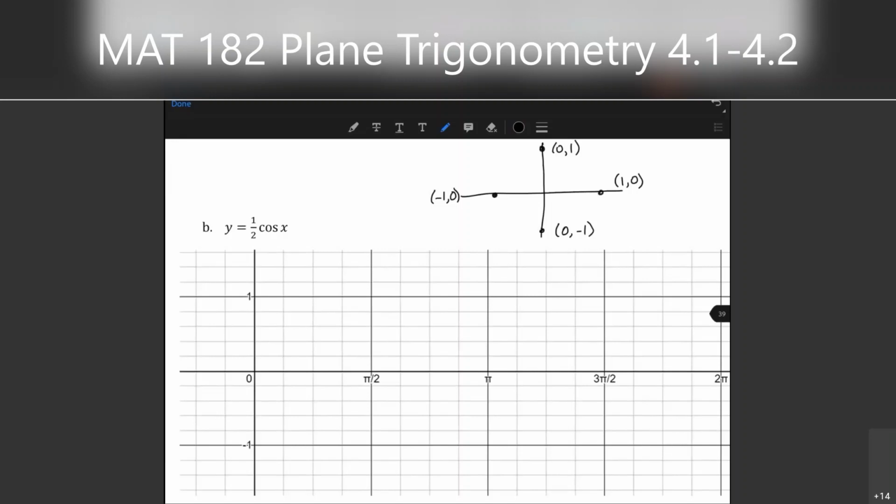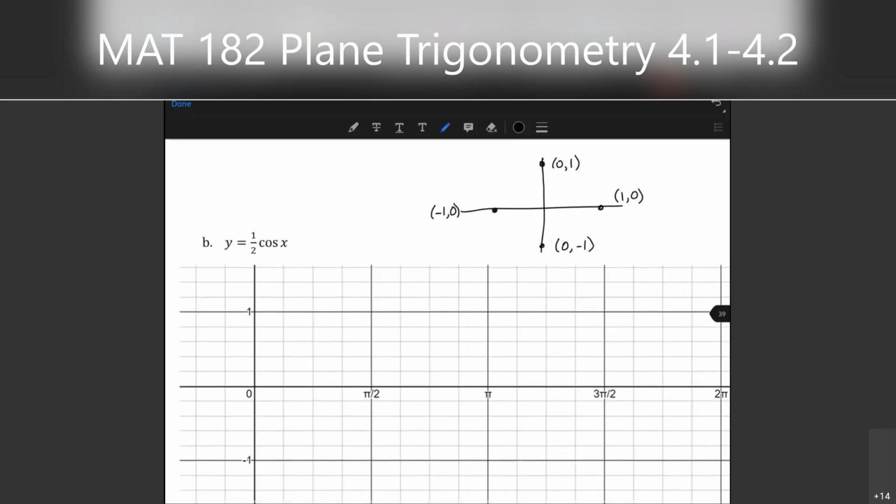In this case, we are looking at a cosine function, so the shape is going to be a little bit different. And notice that we'll have an a equal to 1/2. And our b value, again, is just going to be 1. So our period is still just 2 pi. So we're going to go through the whole 0 to 2 pi units with 1 cycle.